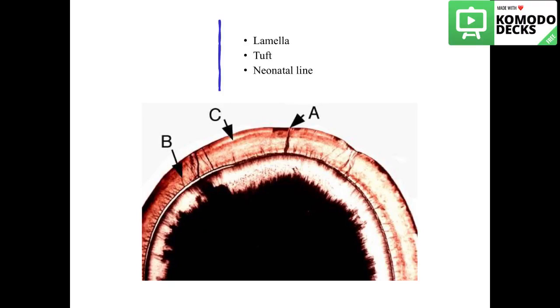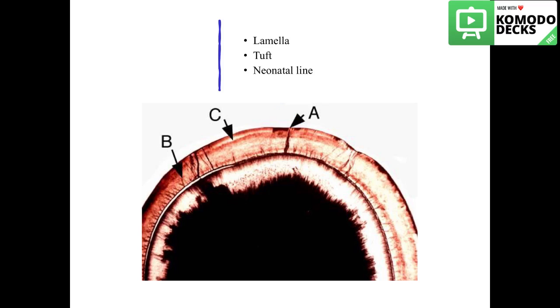In this slide, as we can see, these are most probably tufts. The enamel, the dentine, the dentino enamel junction. This small tuft-like structure is tufts, and this one is lamella because it reaches the surface of the enamel.